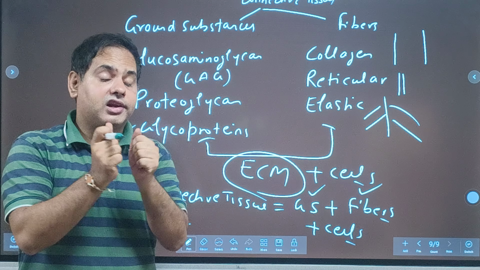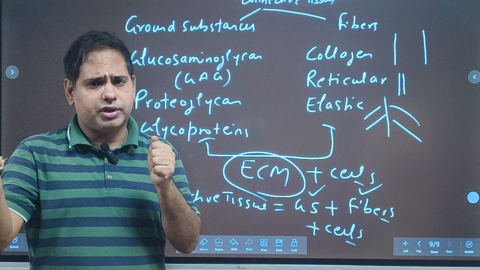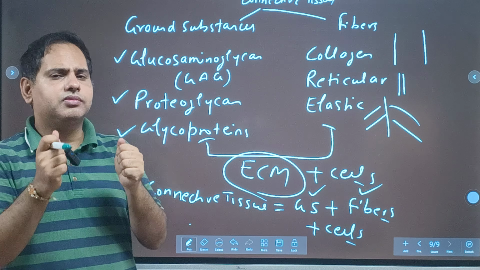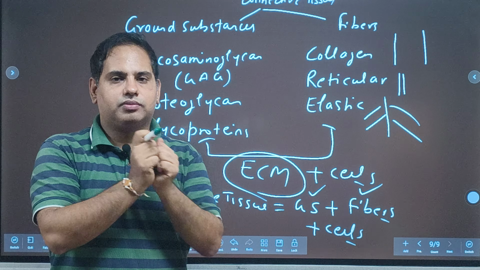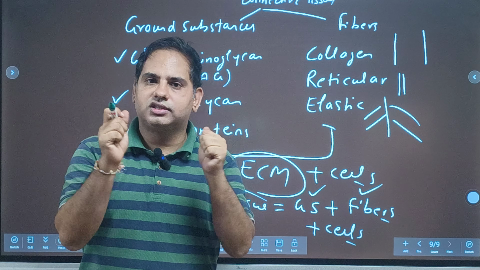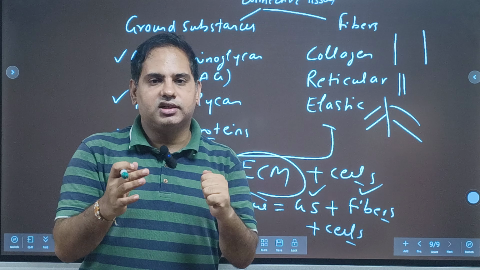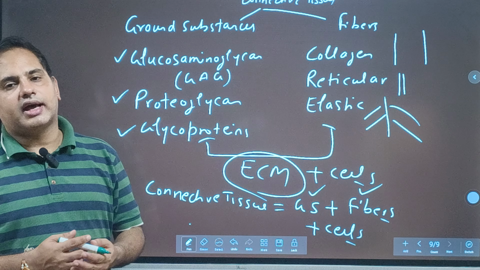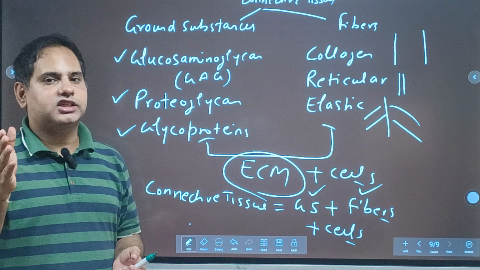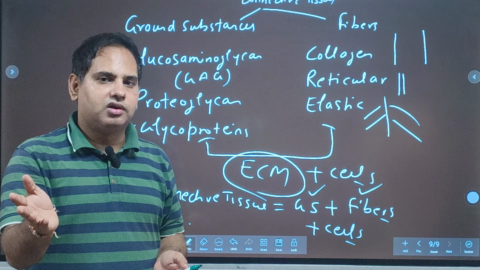In epithelium the special feature is that cells are tightly joined together, but in connective tissue cells are not joined together. Outside the cell there is a lot of material, the ground substances and fibers, which we call extracellular matrix. So extracellular matrix plus cells equals connective tissue.